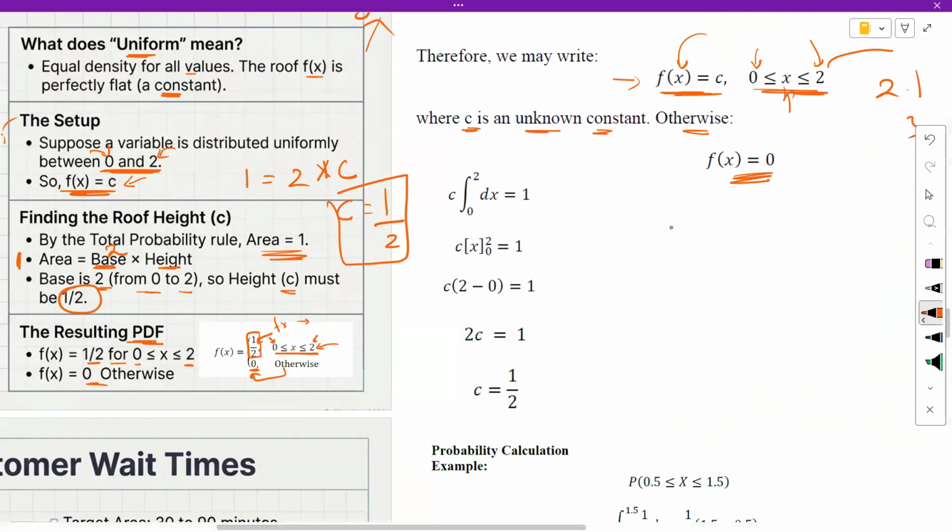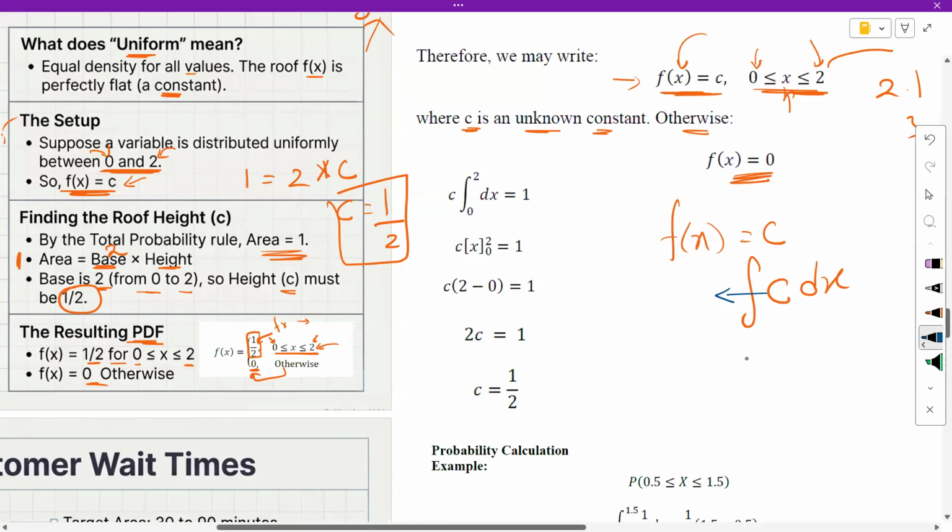Here f(x) equals c. Now, if we integrate this, the integral of c dx, according to the rule we can bring the c out.